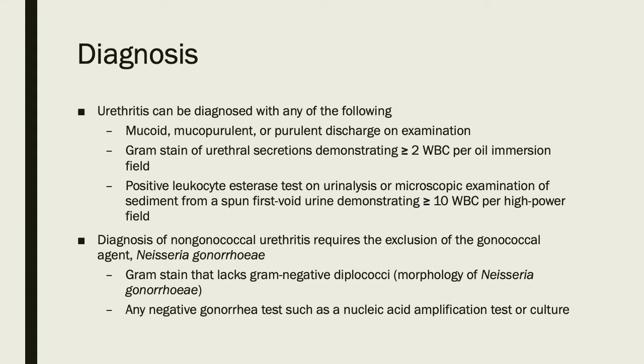Diagnosis of urethritis can be verified based on the presence of mucoid, mucopurulent, or purulent discharge from the urethra. Urethritis can also be verified by laboratory tests such as a gram stain of urethral secretions demonstrating greater than or equal to 2 white blood cells per oil immersion field, or by a positive leukocyte esterase test on urinalysis or microscopic examination of sediment from a spun first void urine demonstrating greater than or equal to 10 white blood cells per high power field.